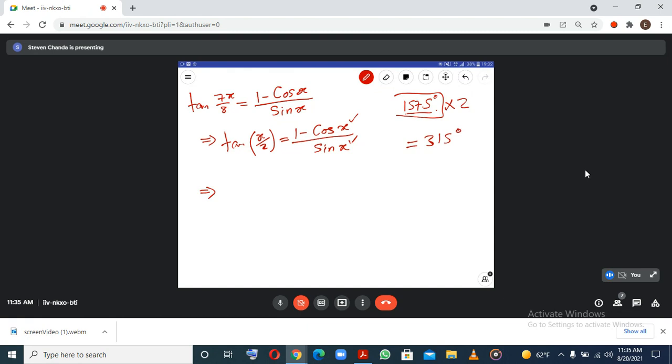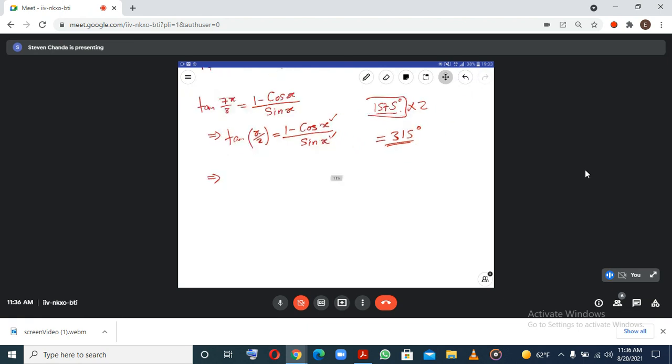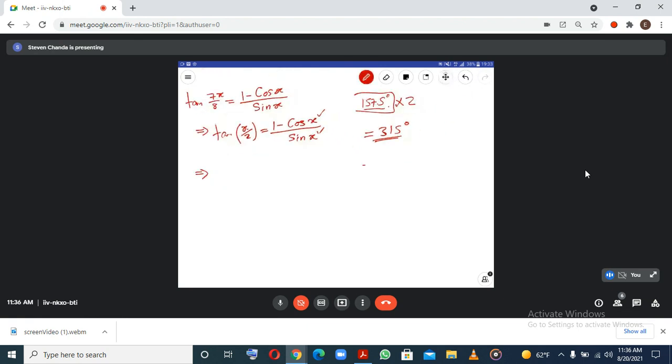Now, you'll be wondering, what's going to be 315 for this? Again, that's why you need your coterminal angles. Remember, we are working in radians. And like I said, even during sketching, when they give you a question in radians, solve it in radians.